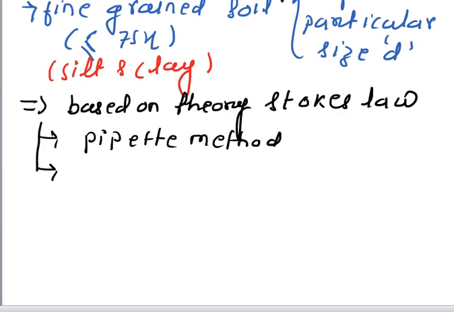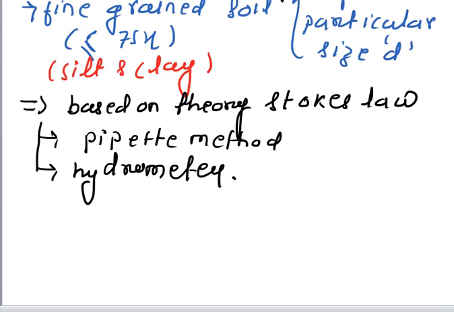I think everyone has seen a pipette in his life during the +2 studies in the chemistry lab, when we used to fill out chemicals from a flask using a pipette. This is the same pipette. Now the second is the hydrometer. This is new to us, so we will study both in detail.